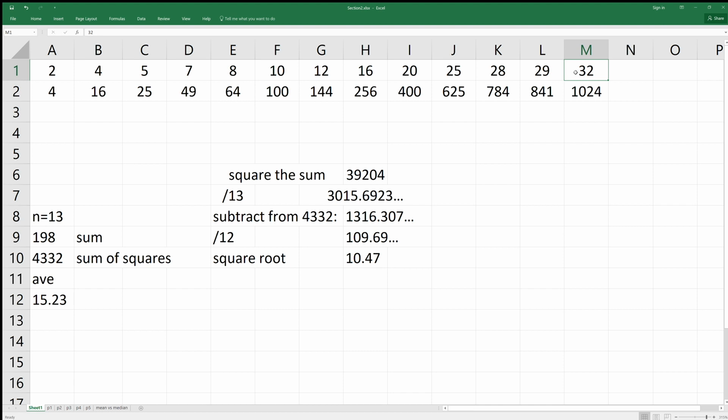So outliers are going to pull the average in their direction. And the nature of the beast means that outliers, things that are very far away, are going to increase the average distance from the center. So mean and standard deviation are very affected by outliers.